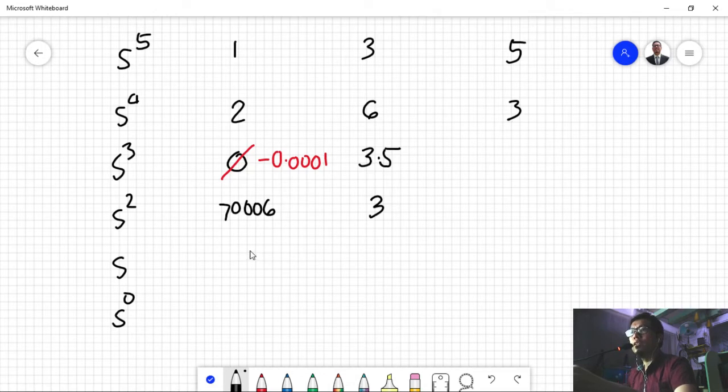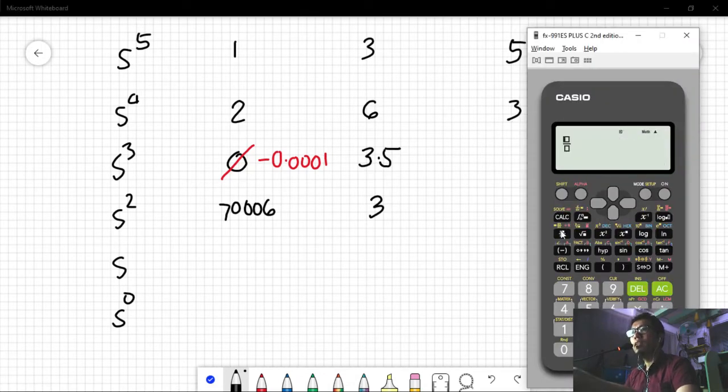Okay, this one becomes 6 times 3.5 minus 3 times negative 0.0001 divided by 70,006. That should give us 3.5 din.